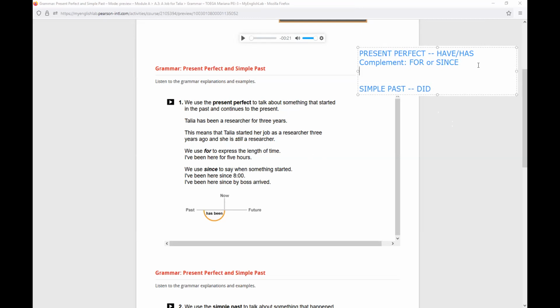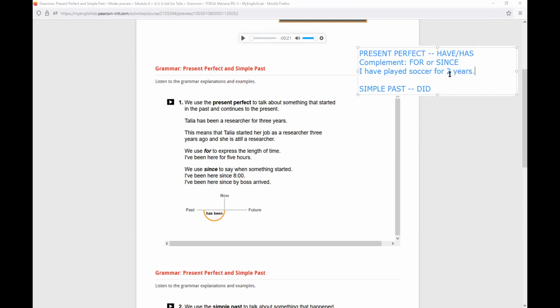For example, I can say, I have played soccer for 2 years. Y esto significa yo he jugado fútbol por 2 años, ¿no? En el complement, ¿no? Tenemos aquí my auxiliar, my verb in past participle.